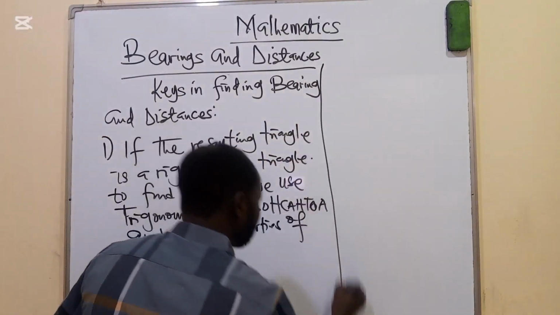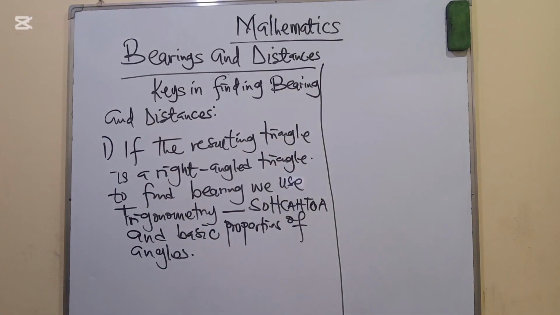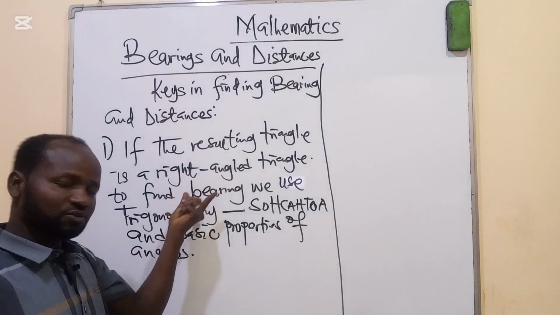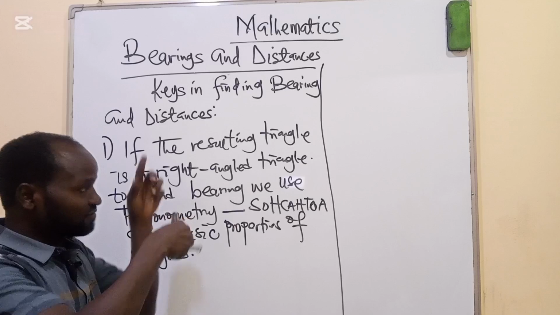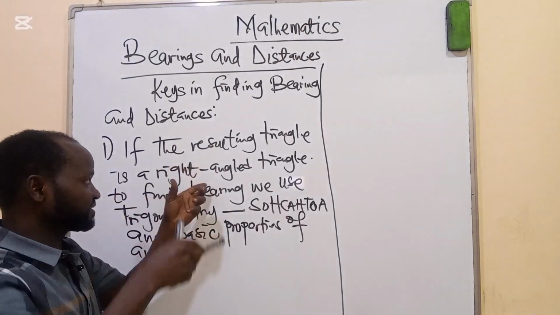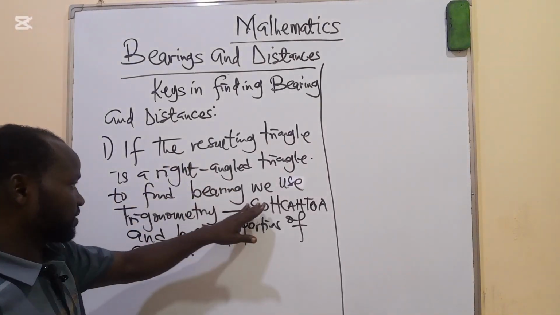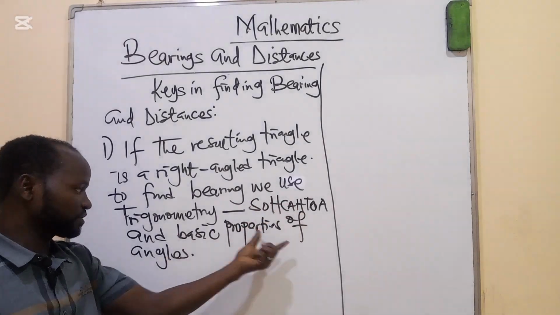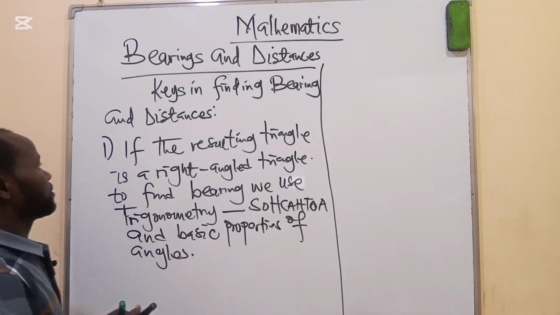This is key number one. If the resulting triangle is a right angle, meaning you have 90 degrees after you finish drawing the bearing, to find bearing, we use what? We use trigonometry, that is SOHCAHTOA and basic properties of angles.